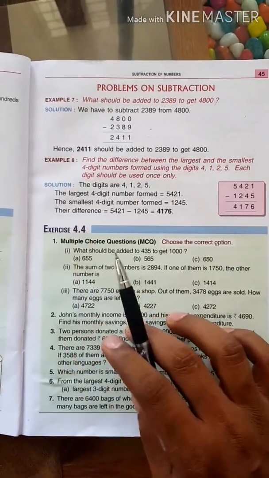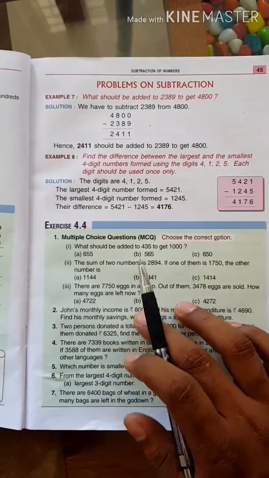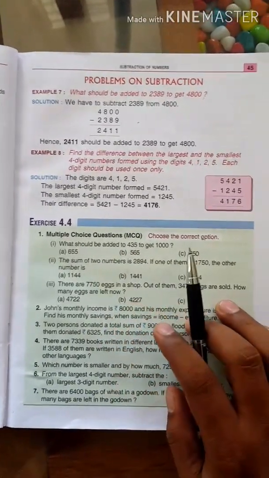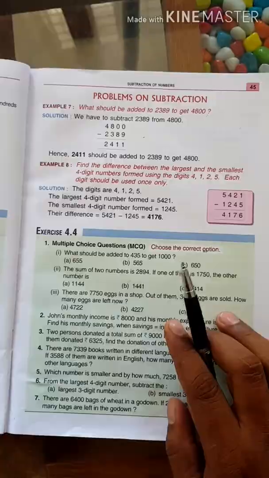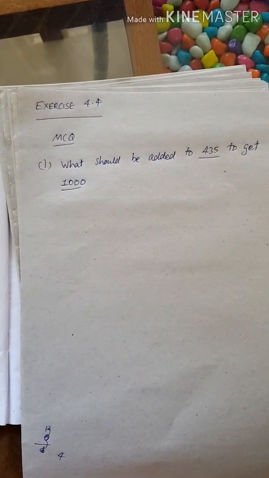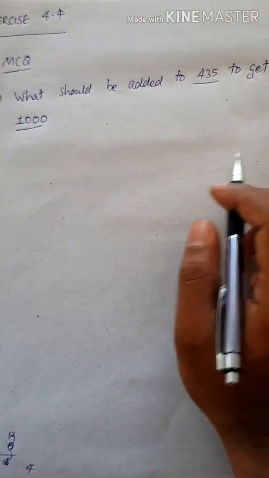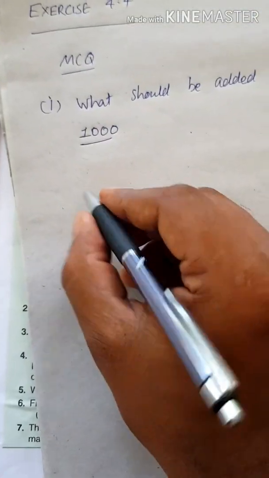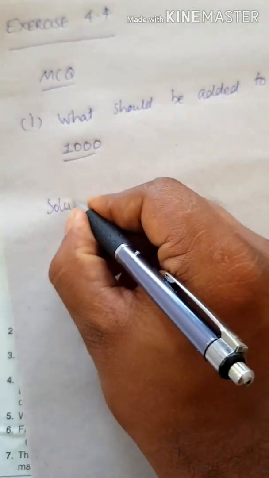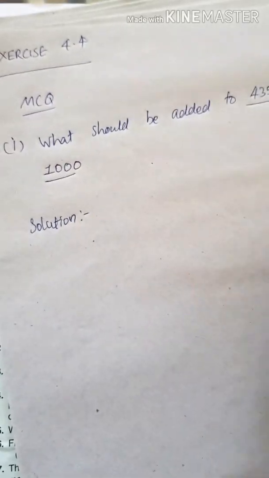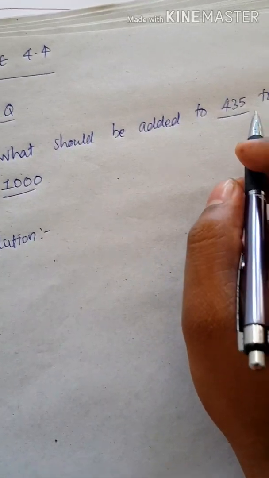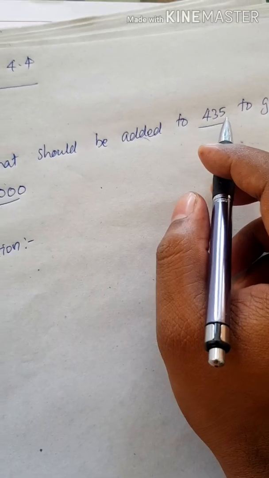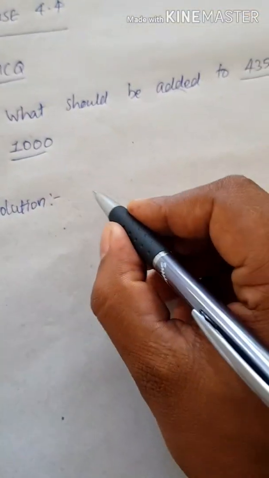First question: what should be added to 435 to get 1000? Okay, let us check. For this question we have to subtract 435 from 1000.